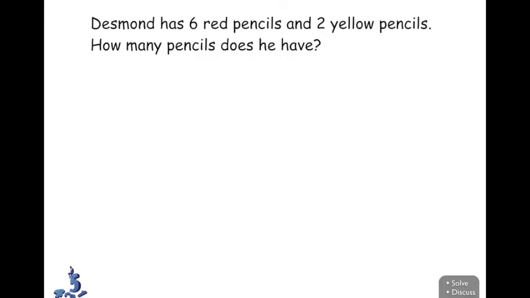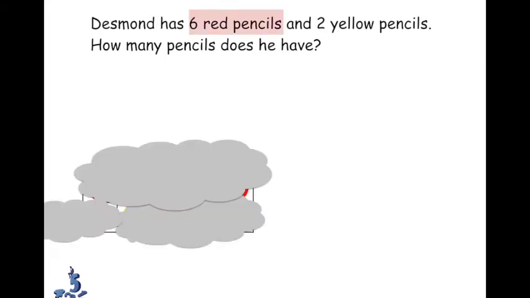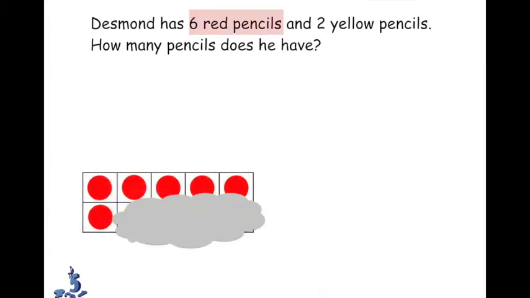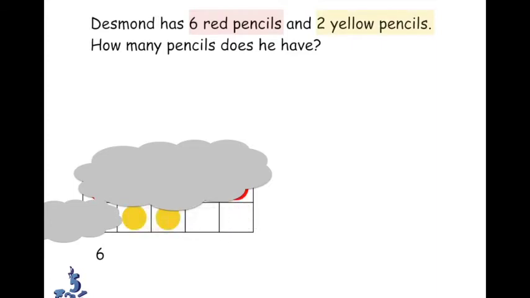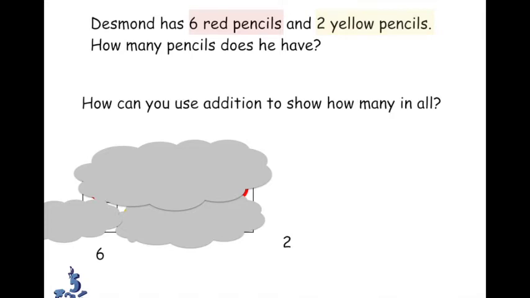This is a problem with no action. Key information is highlighted and connected to the representation. Since there is no action, the parts and the whole, when appropriate, are identified.